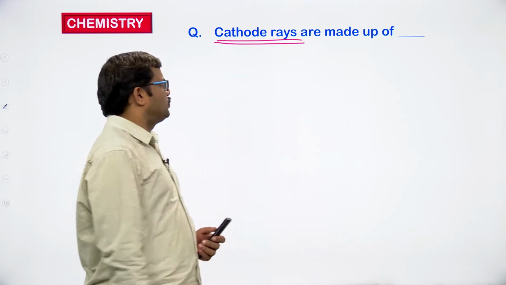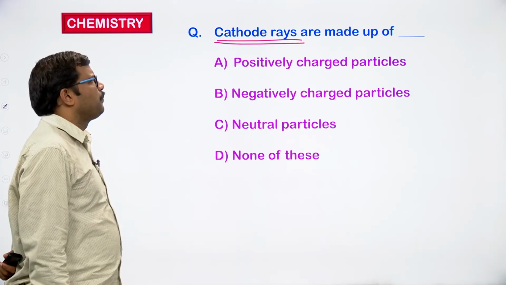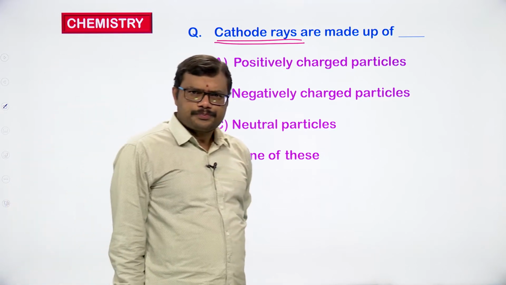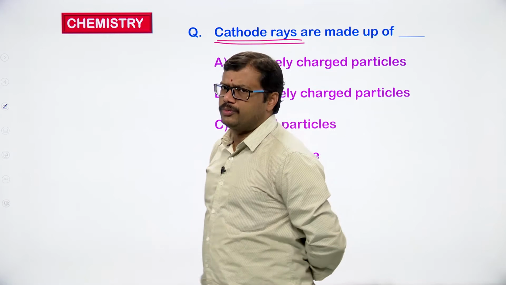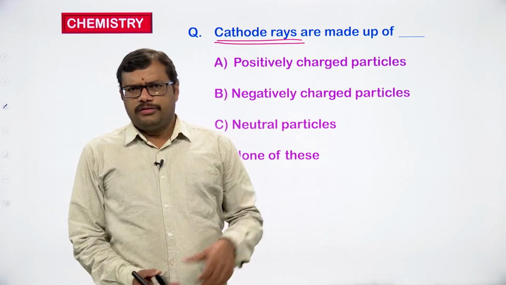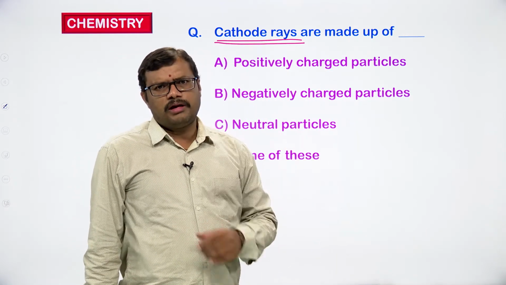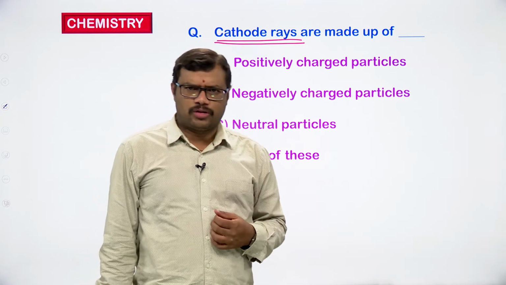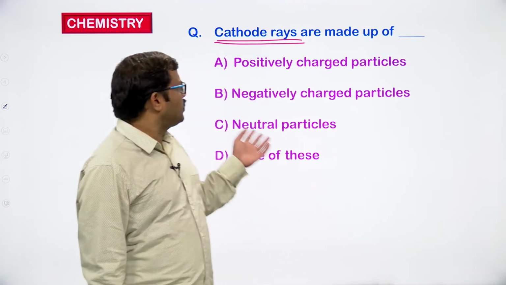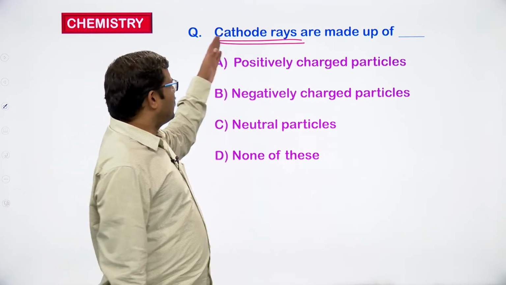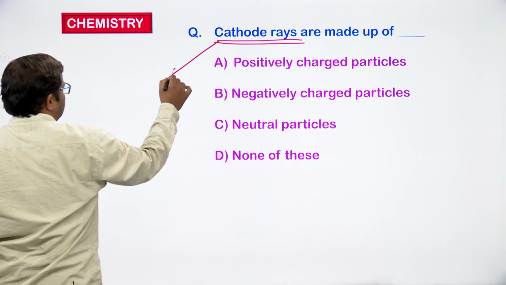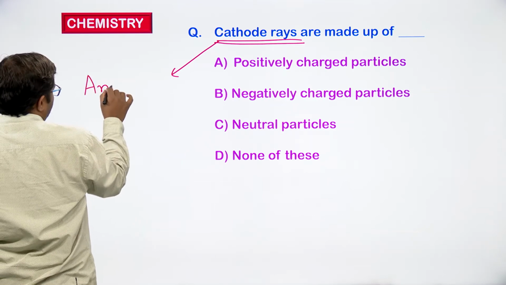So the cathode rays are made up of... if you observe the discharge tube experiment, the metal plate connected to the negative terminal of the battery is called the cathode, and the one connected to the positive terminal of the battery is called the anode, and the cathode rays travel in a straight line towards the anode.